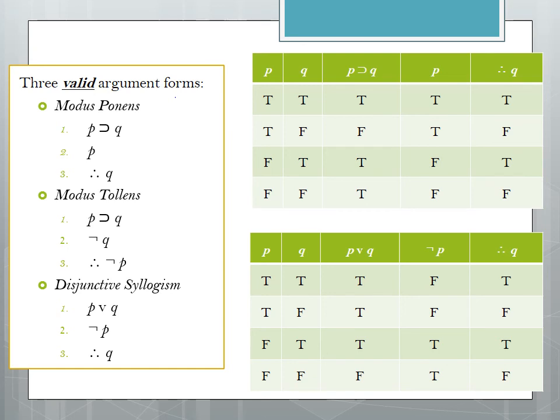Our premises are, in this case, the third and fourth columns. So when looking for counterexamples, we can ignore the base columns altogether. So the only row on which all the premises are true is the third row, but that also has a true conclusion. So we have no counterexamples. So this is a valid argument form.